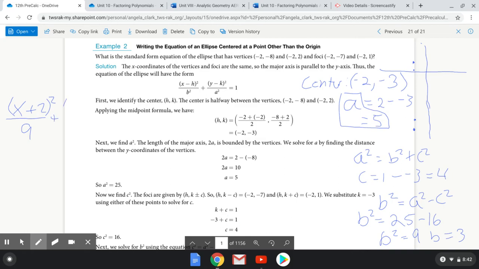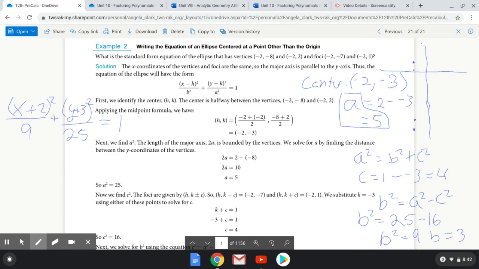But anyway, plus y minus the y part of the center, so y minus -3, so y plus 3 squared over a squared, because the major axis is in the y direction, so we need a squared. So a was 5, so a squared is 25, and all of that is always going to equal 1.